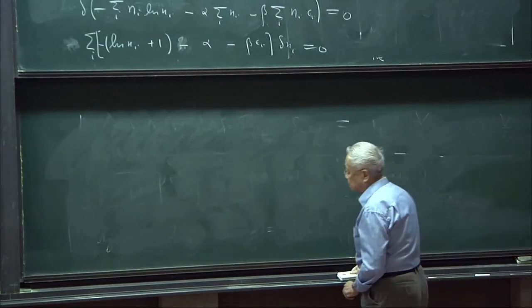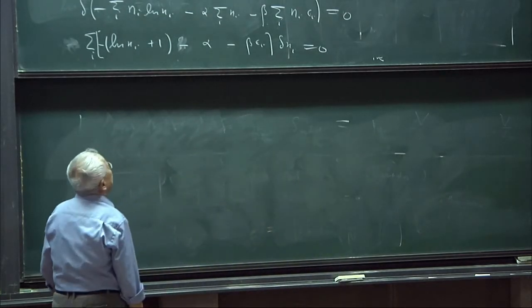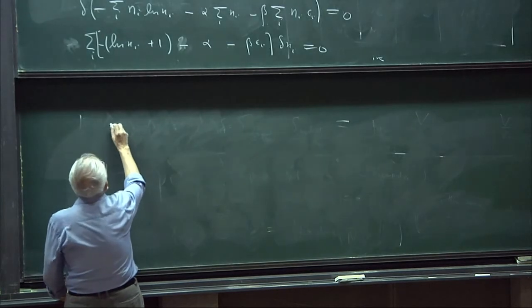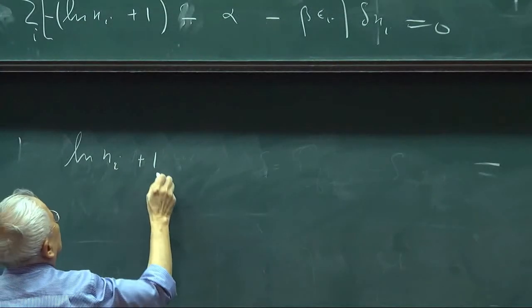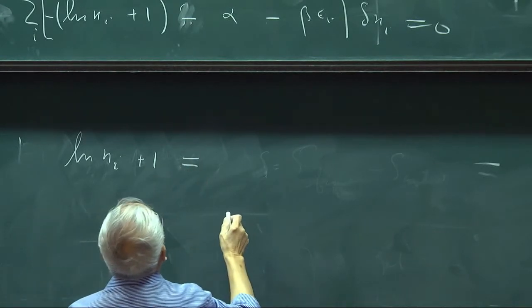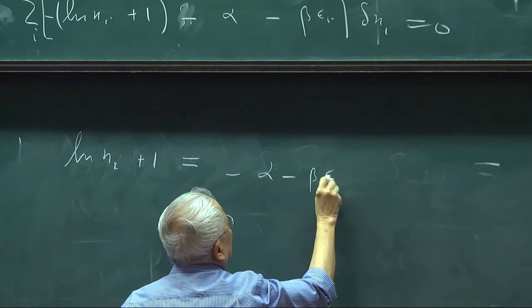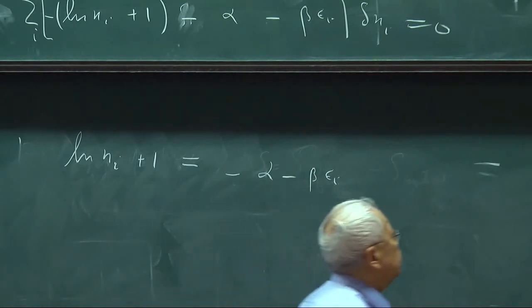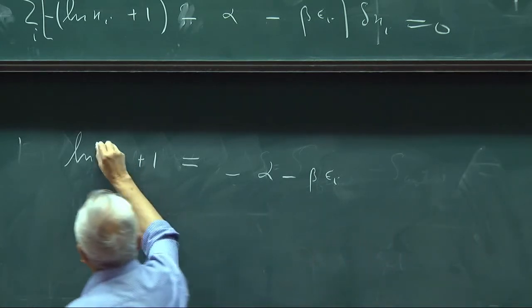Therefore, since the delta Ni's are independent, log Ni plus 1 must be equal to minus alpha minus beta epsilon I. And this gives you n bar.